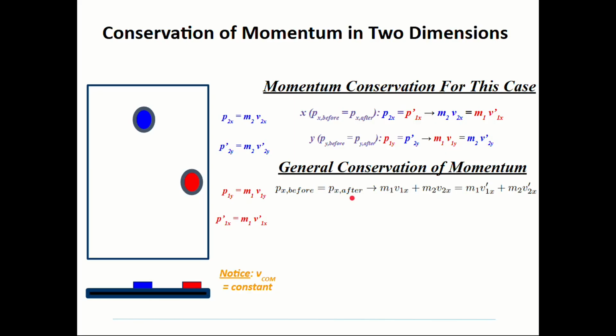But the way we actually take a look at conservation of momentum, if we're talking about these pucks moving diagonally rather than just along the x or y direction, we get this whole equation here.